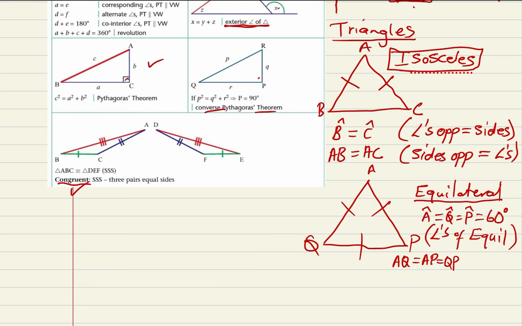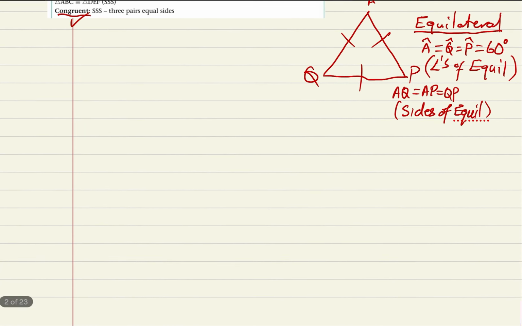These are all equal. Why are they equal? Because these are sides of an equilateral triangle. Okay, so this is the information we need for us to be able to get into our theorems. I hope you guys are following me. Now let's continue from here.